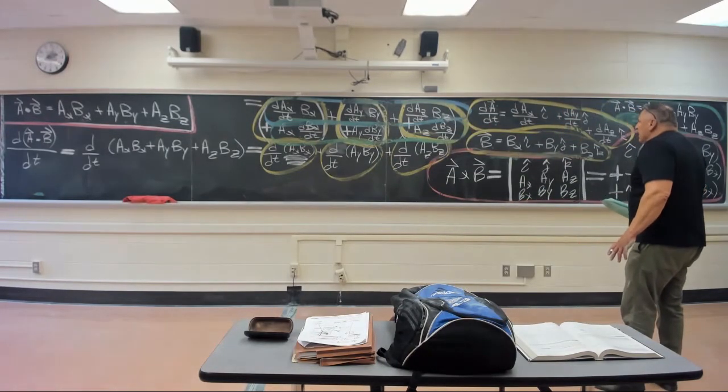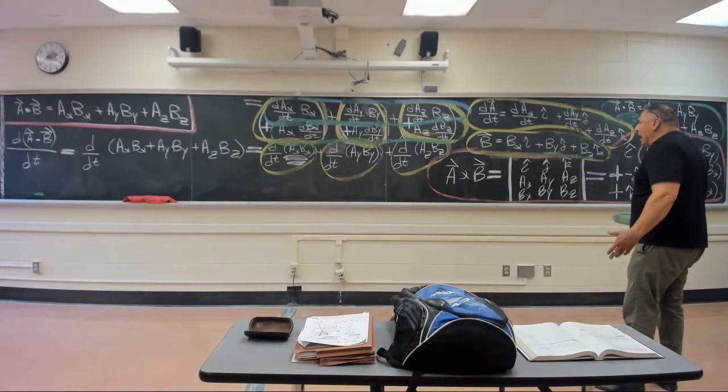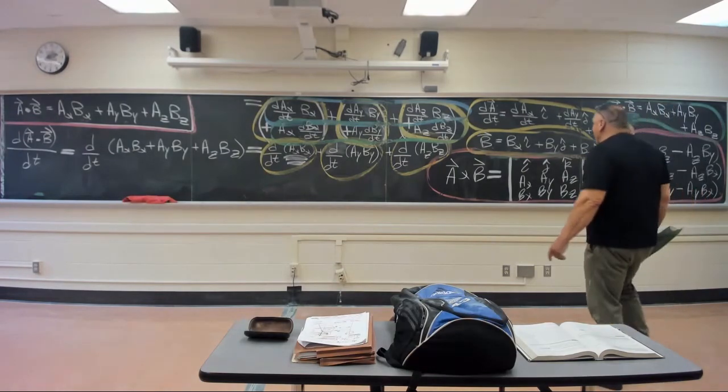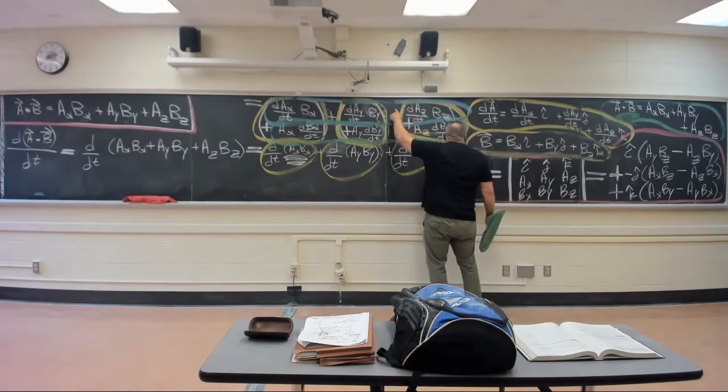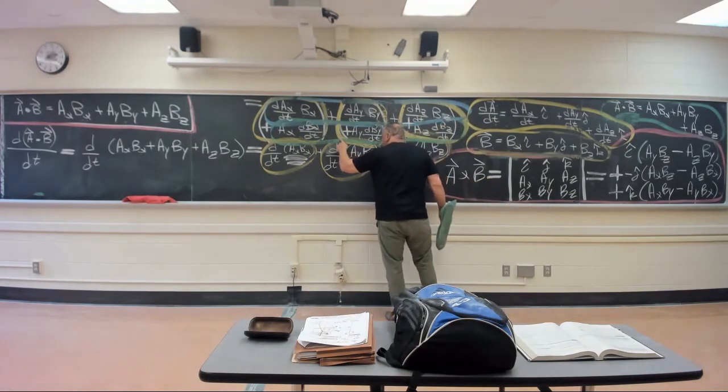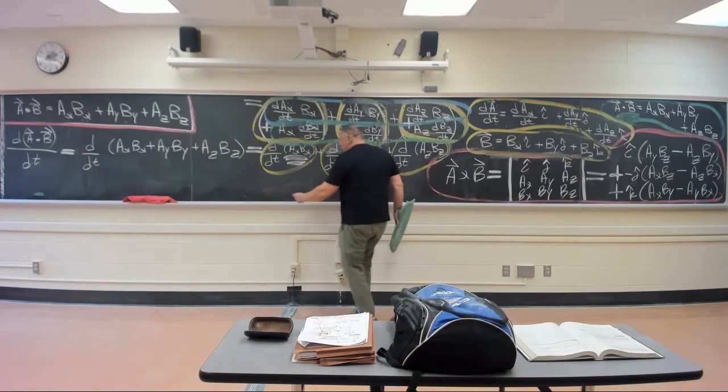And so what is it? What's going on here? Well, that is basically what we just said. This top guy is dA vector/dt dot B vector. This one right here is A vector dot dB vector/dt. Remember, we already just said it.